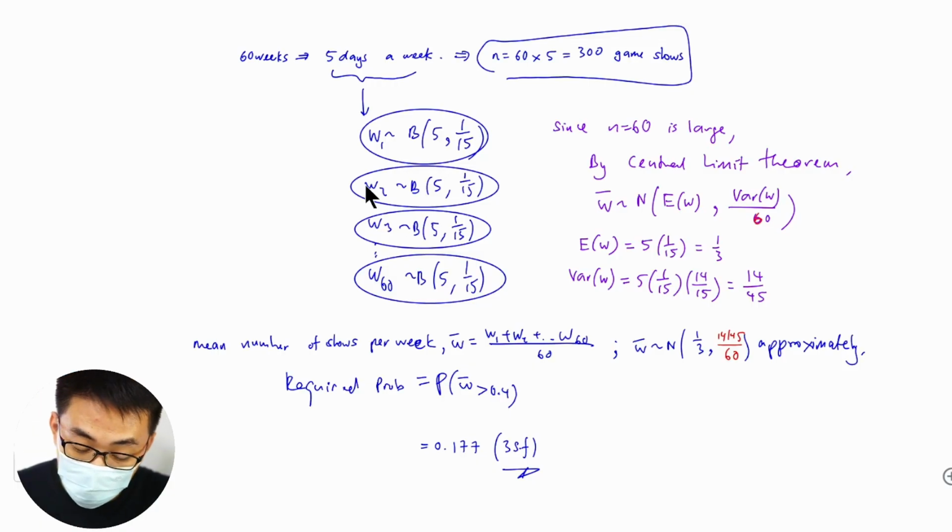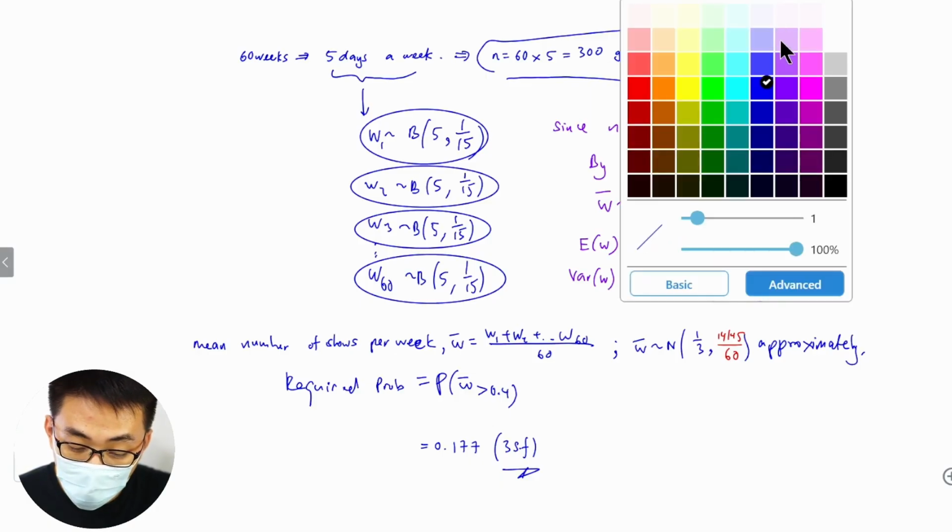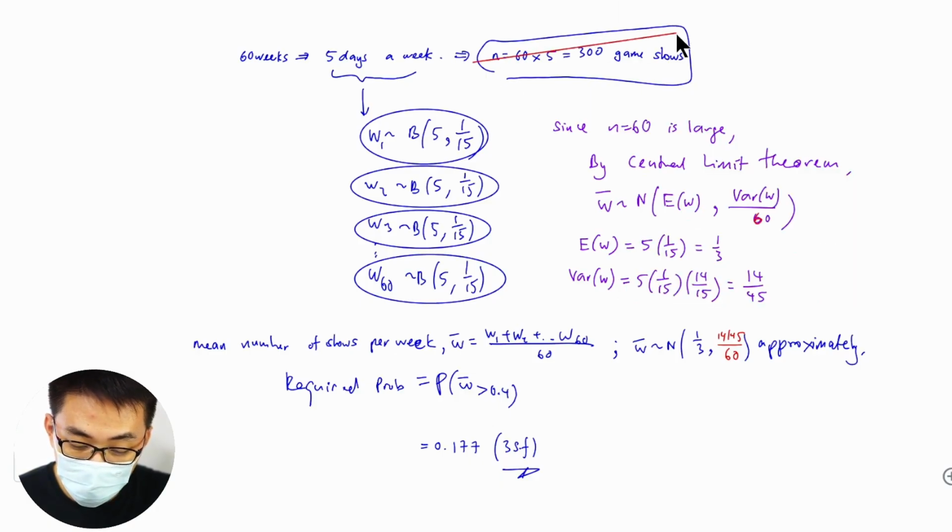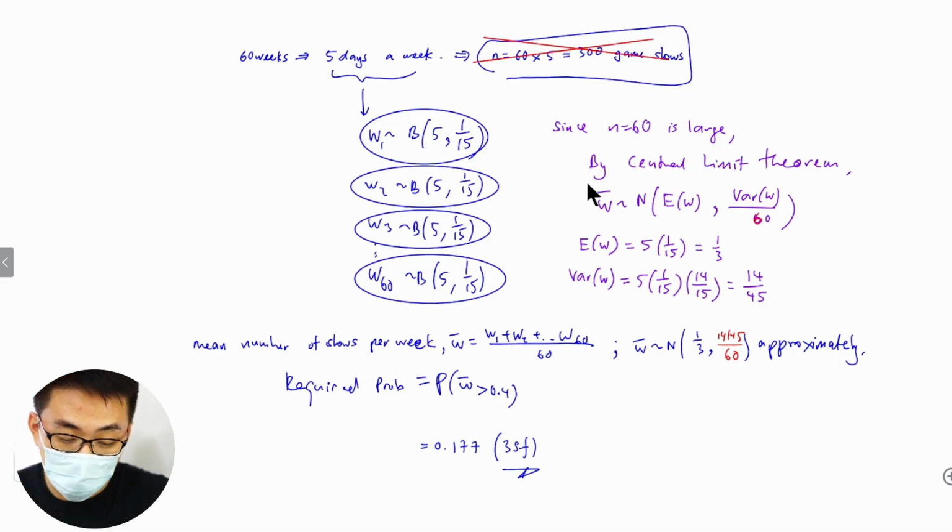I don't want the other one, so just take note of that. Initially I thought of that because I didn't read the question properly. So I want the average of every week. You list week 1, week 2, week 3. Every 1 week is a binomial. Then you can get the mean number using the central limit theorem.